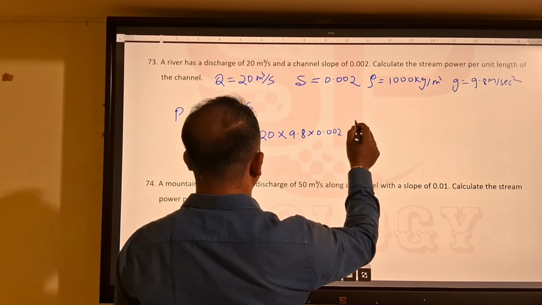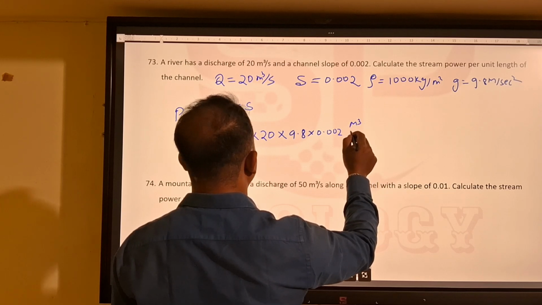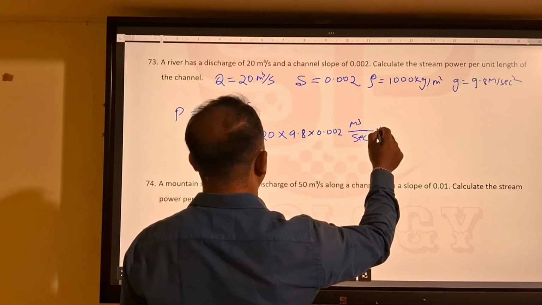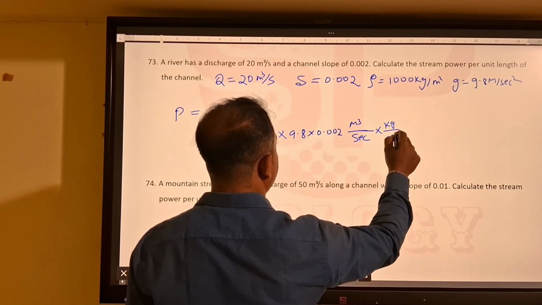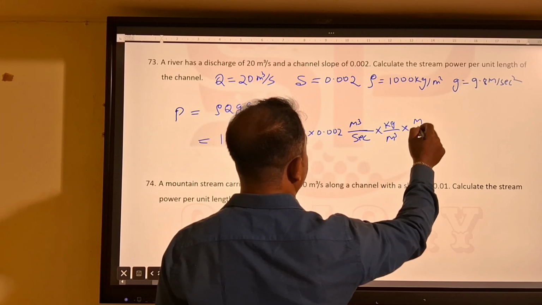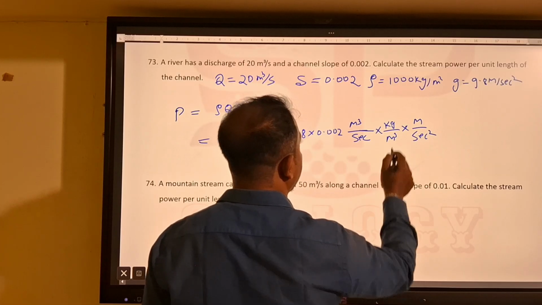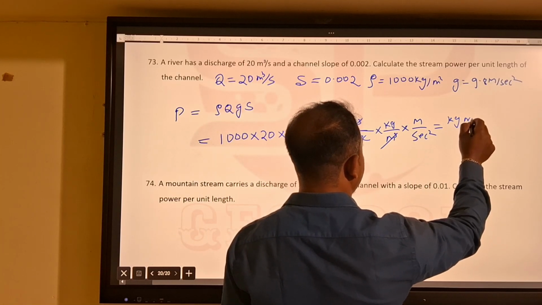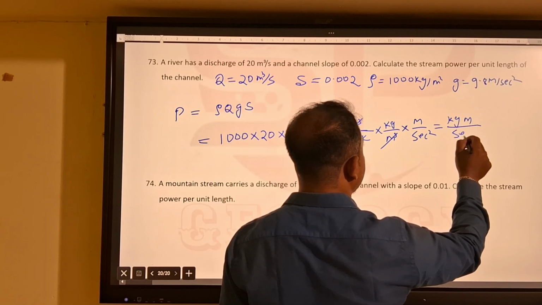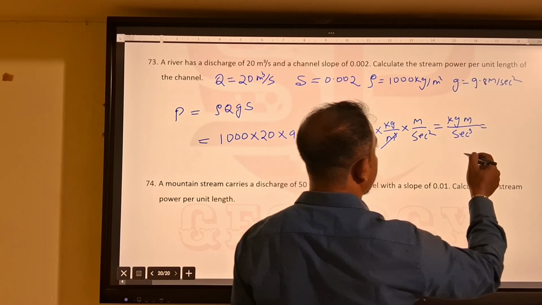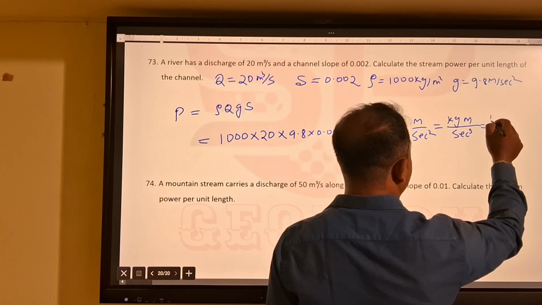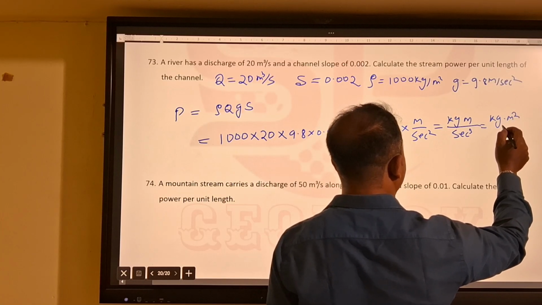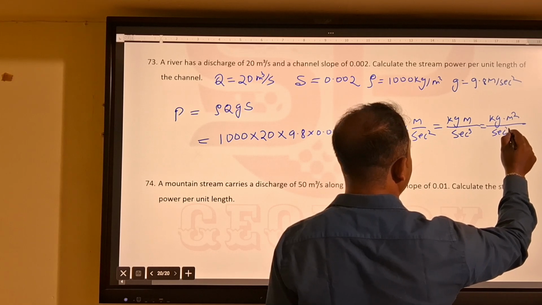Then the units are meter cube per second, then kg per meter cube, then meter per second square. Meter cube will be cancelled. It is kg into meter divided by second cube. You can write it like this: kg into meter square divided by second cube into meter.